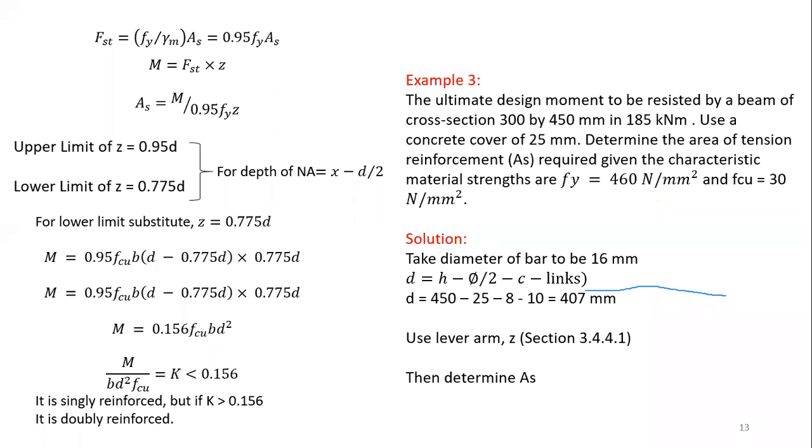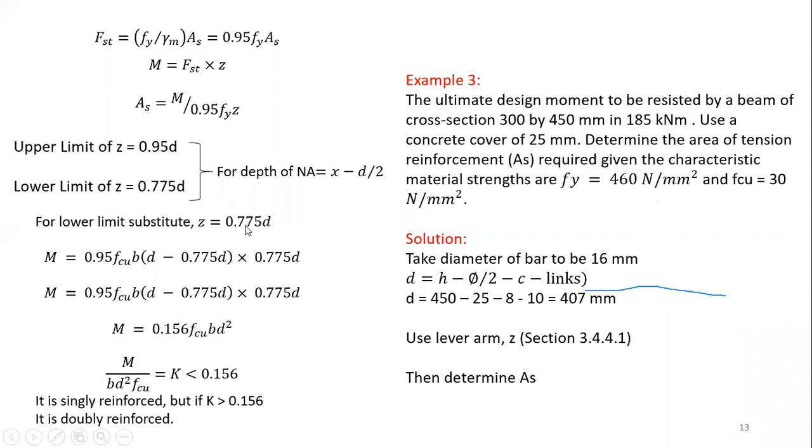To be conservative, let us assume we want to move into the limit state, the lower limit, that is, the maximum reinforcement and maximum moment that the cross section can resist.